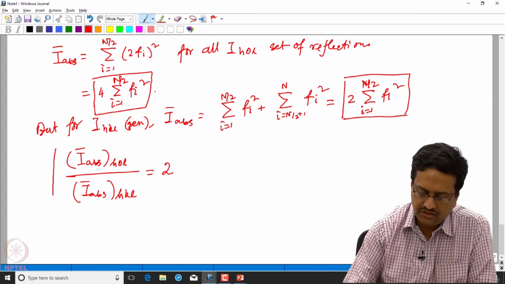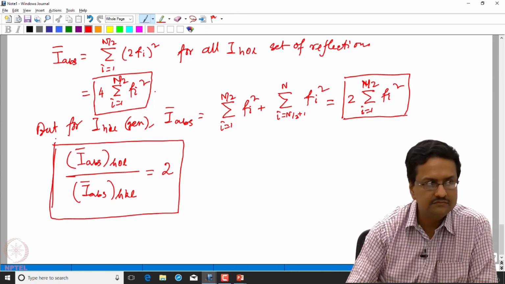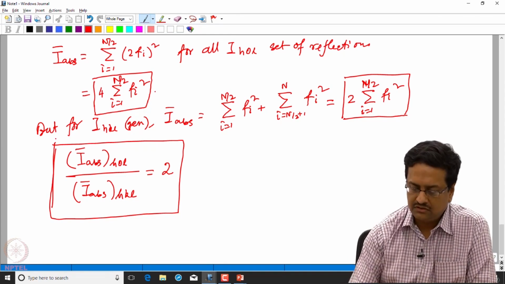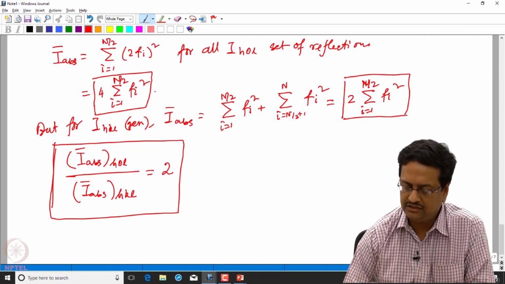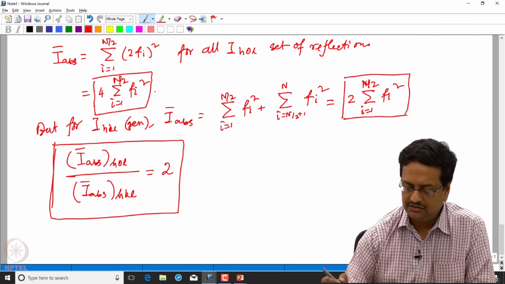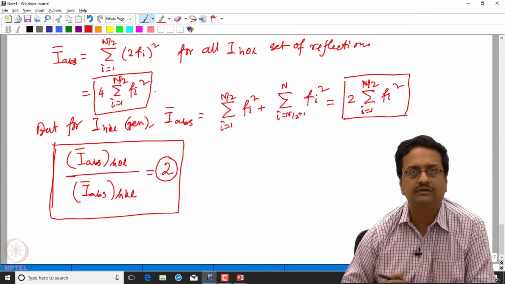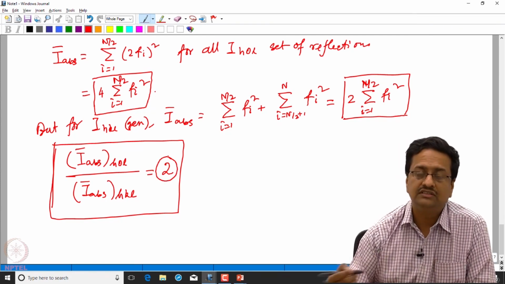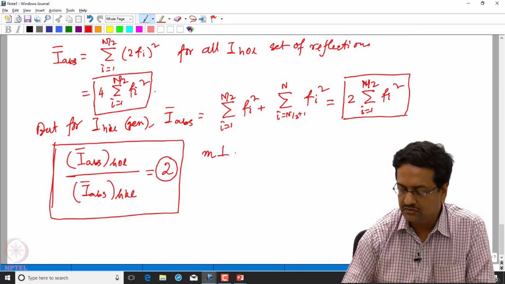So if we carefully look at these I abs values for sets of reflections H0L and HKL in the reduced data set, then what we get is a factor 2, which indicates the presence of a mirror plane perpendicular to y.